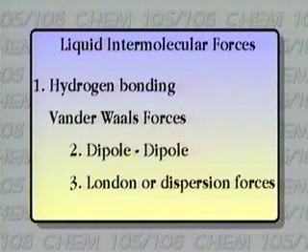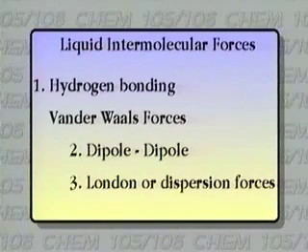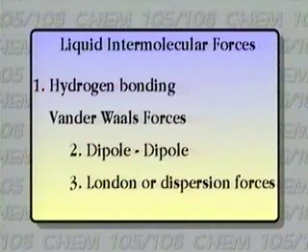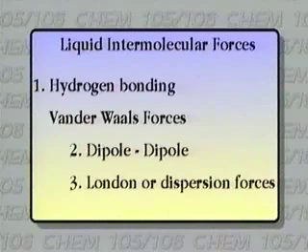Then there are a group of slightly weaker forces that are put together in a term called van der Waals forces. And within van der Waals forces, there are again two subcategories: one which is called a dipole-dipole force, and one which is called a London or dispersion force.